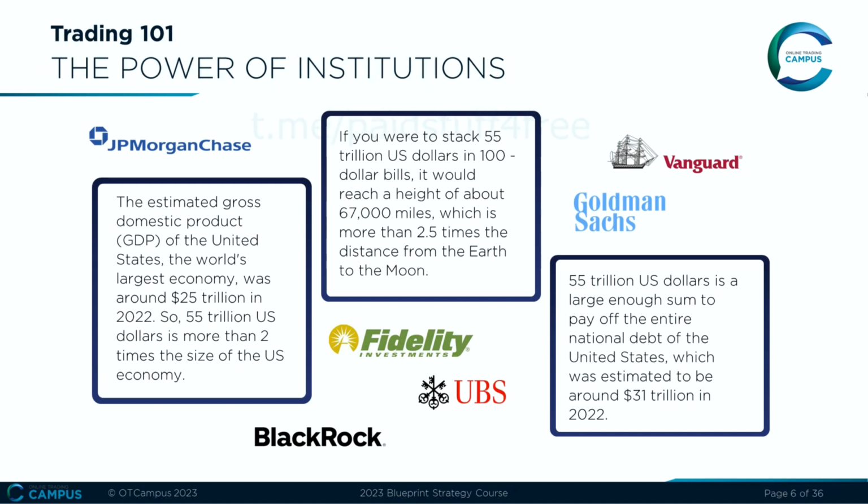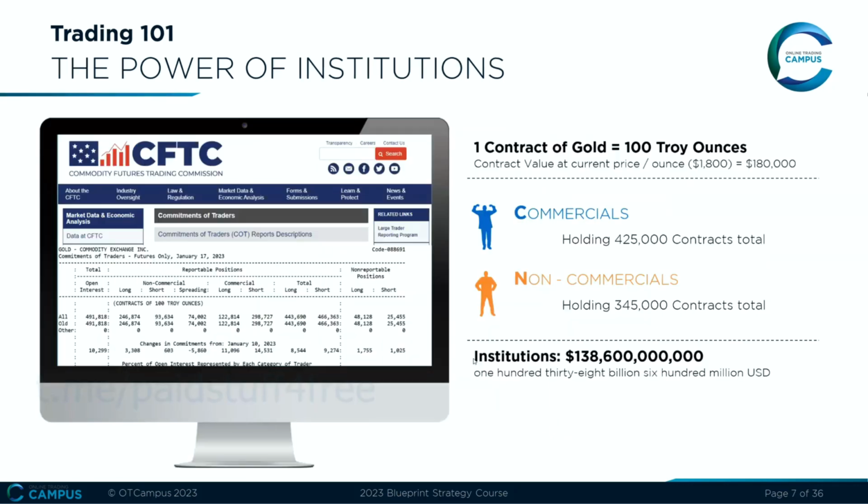Then you will understand, and I think it becomes very crystal clear, that the only reason why any market is going up or down is because one or more of these so-called institutional participants are buying or selling in those markets.